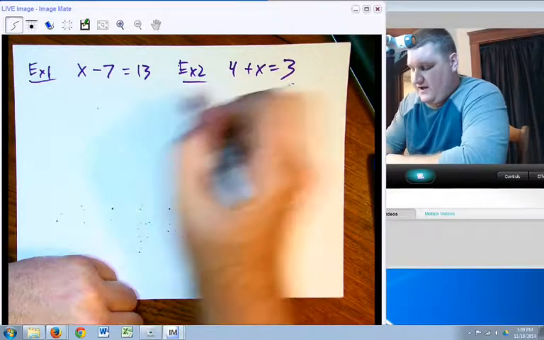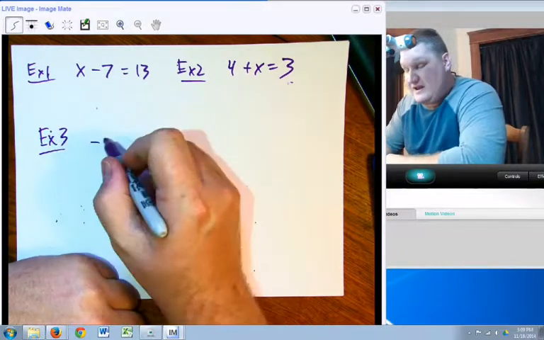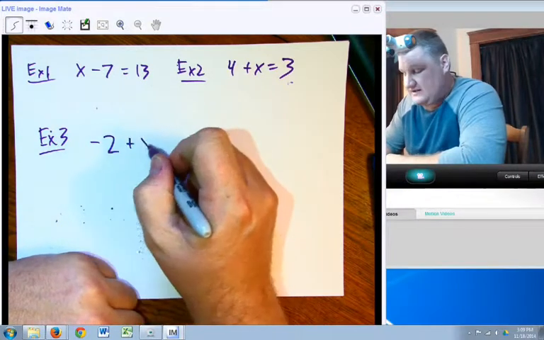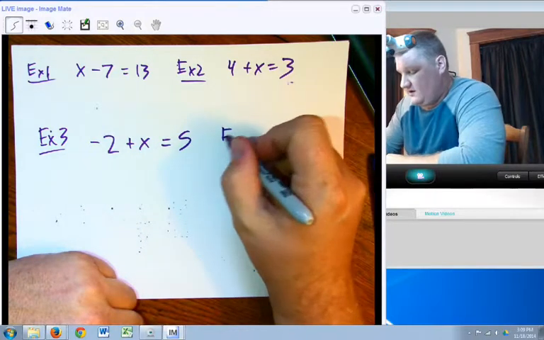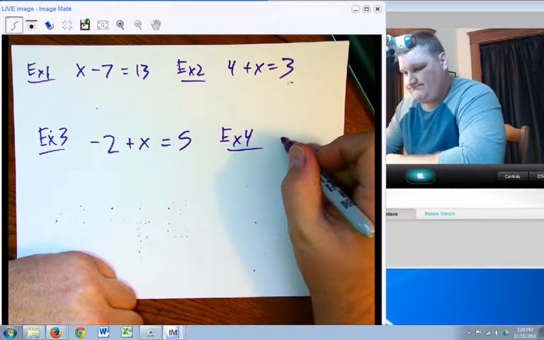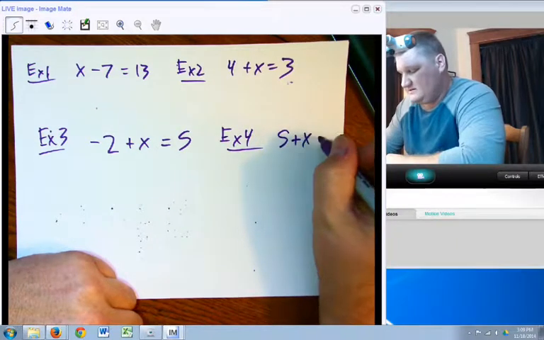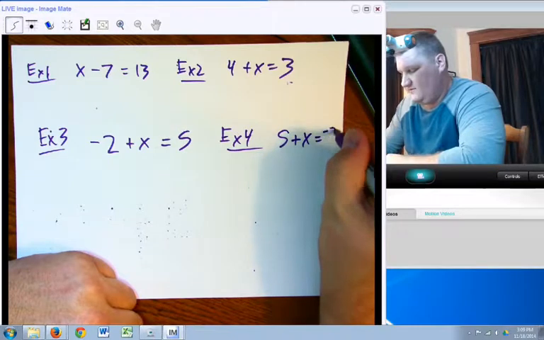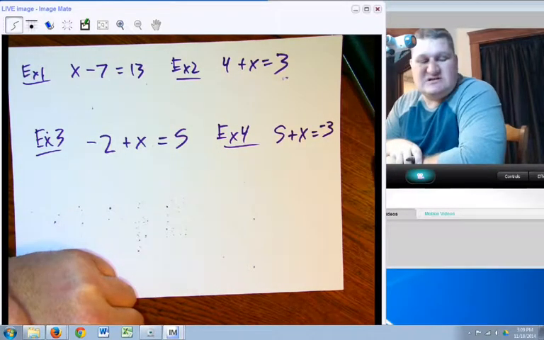If I have example number 3, I have negative 2 plus x equals 5. And over here for example number 4, I have 5 plus x equals negative 3. So, we're going to go with these problems right here, right now. I want you to see what you can do with them.